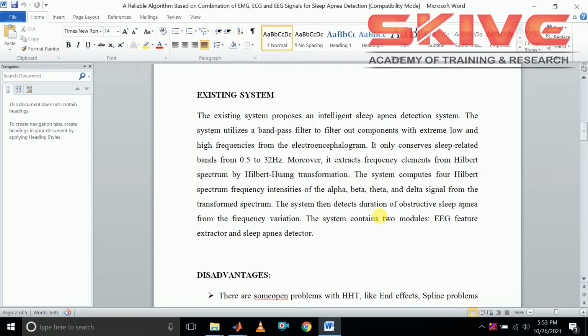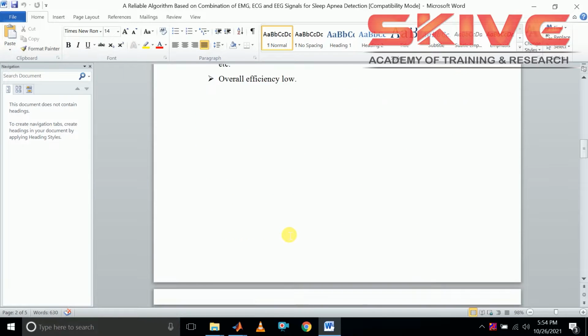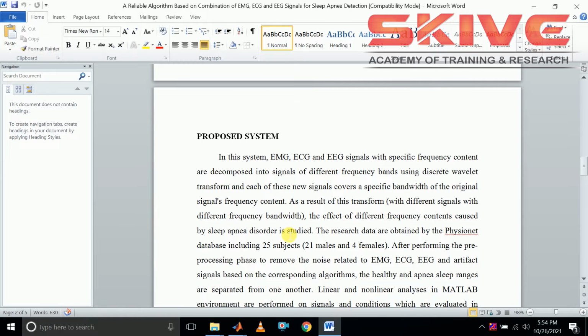Here the existing system uses filters and the Hilbert-Huang transformation for the analysis of EEG feature signals. This may show lower efficiency, so we are going to propose a system which uses EMG, ECG and EEG signals for the classification and diagnosis of sleep apnea.